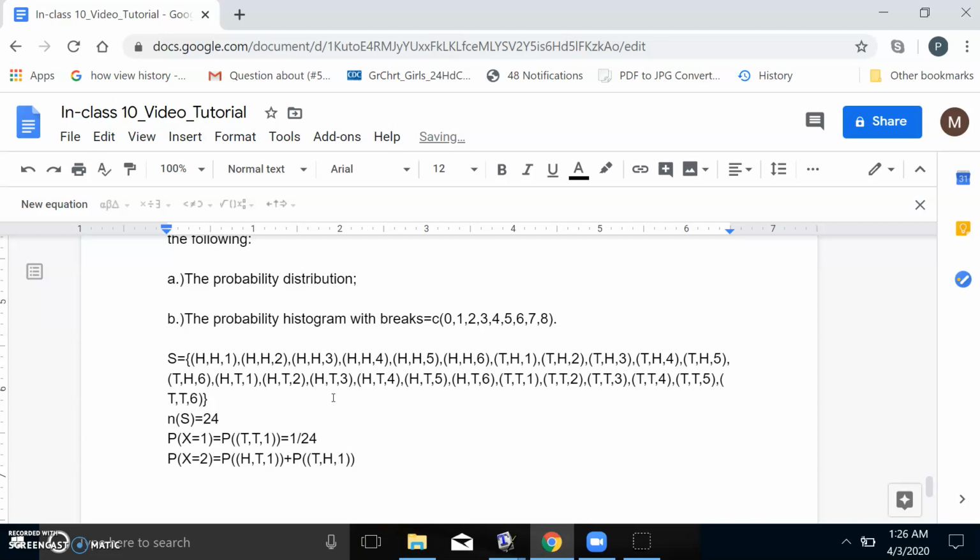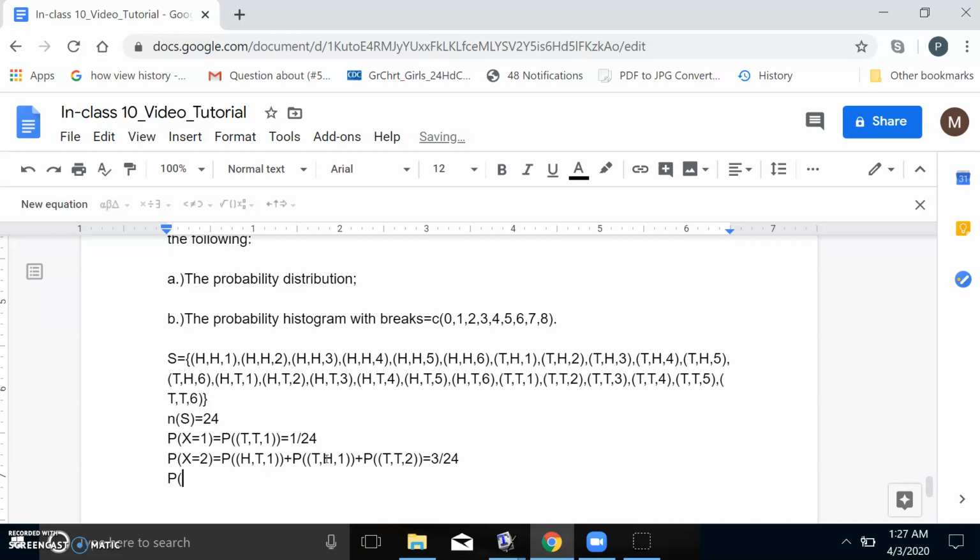That'll also add up to 2. And we could also get 2 tails and a 2, because that'd be no heads and a 2. So all of those would add up to 2. Each of those has chance 1 over 24, and there's 3 of them, so it'll be 3 over 24.